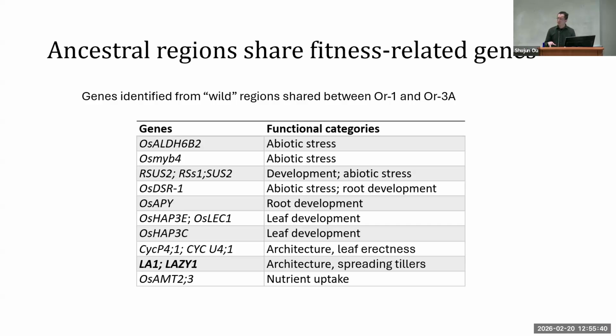But we found lots of selection on nutrient uptake, like nitrogen, because rice is a fertilizer eater. So the entire nitrogen uptake, assimilation, and transporting pathway, with different parts of them being selected in different populations.